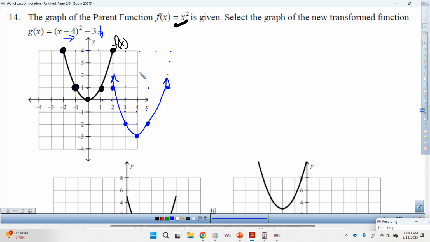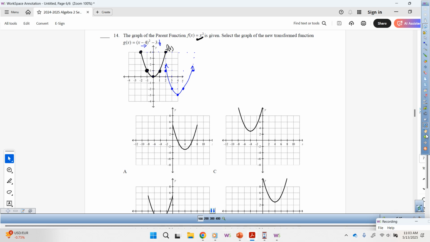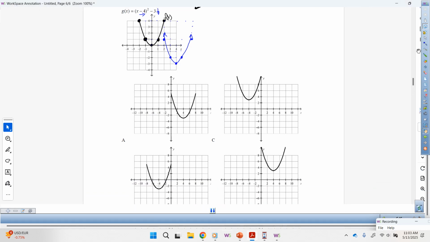Once you do the transformation here, then just match it to the answers. Let's see. Which one looks kind of like that one? Talk to the neighbor.